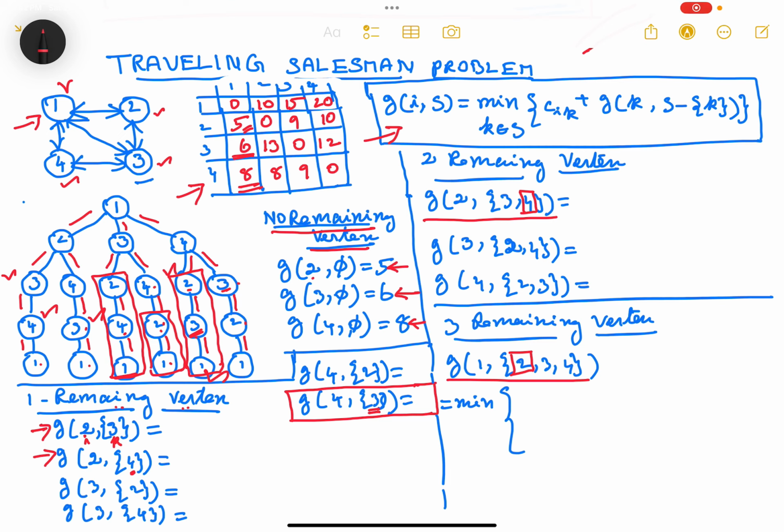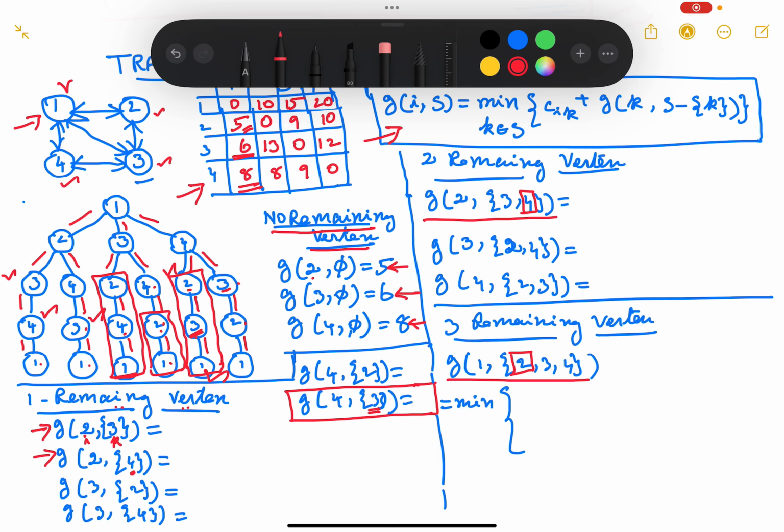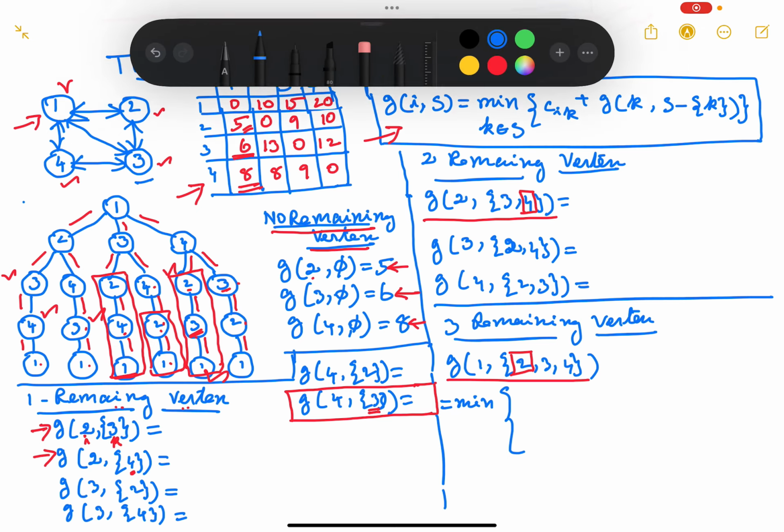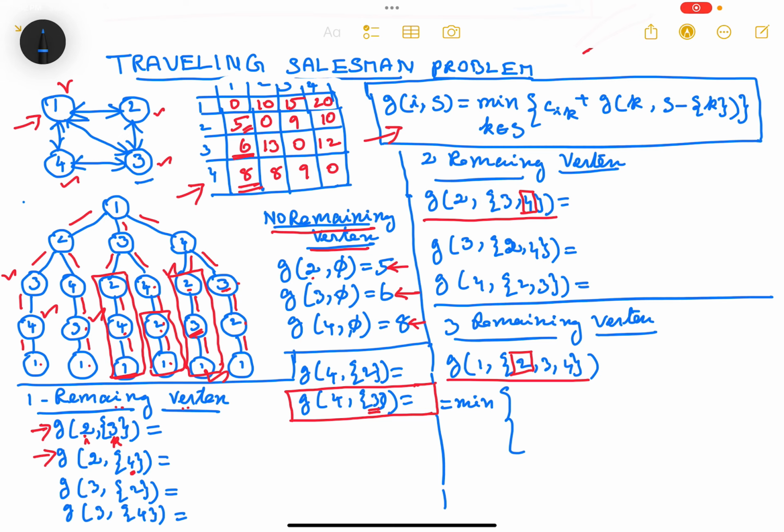So we are applying the formula here. It is going to be the minimum of C i k. What is i? i is 2, k is 3. So I am writing C23 plus g of k comma S minus k, that is g of 3 comma S minus k.